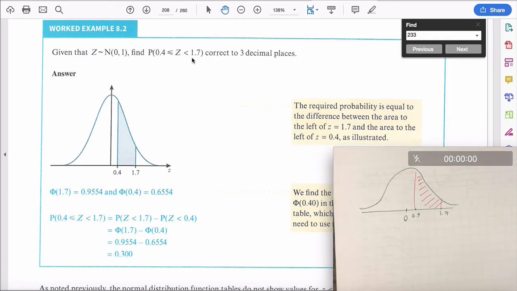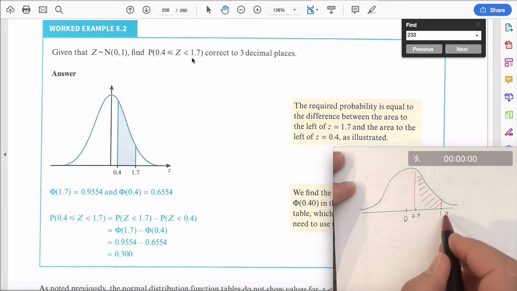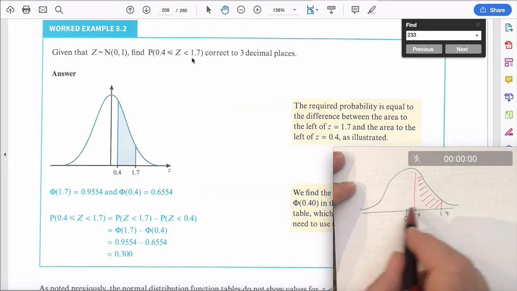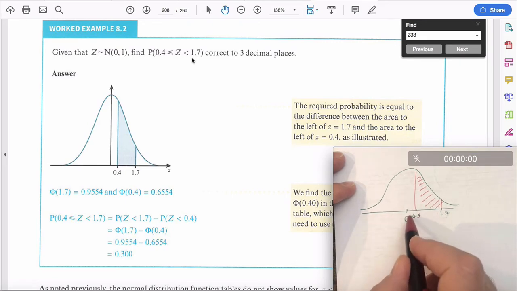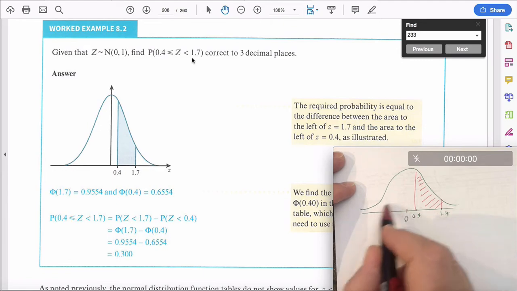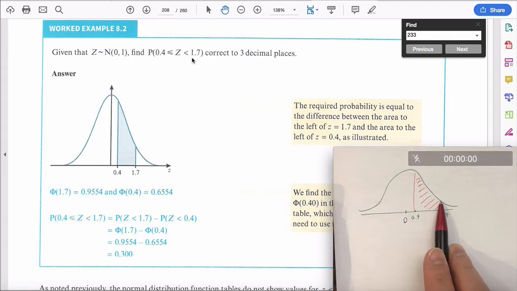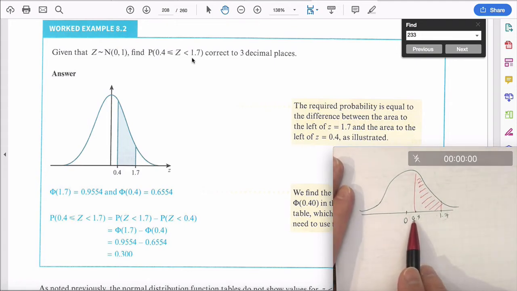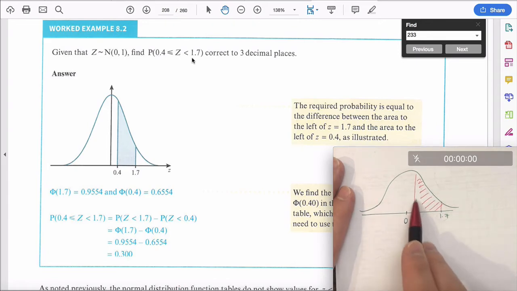Now, if I calculate phi of 1.7, it gives you the whole region before 1.7. And if I calculate phi of 0.4, it gives you the region before 0.4. But I need the region in between.